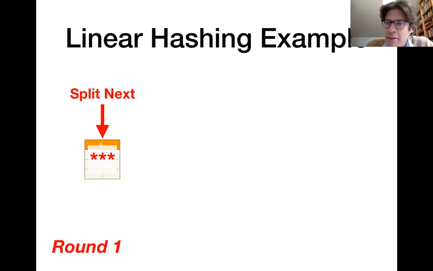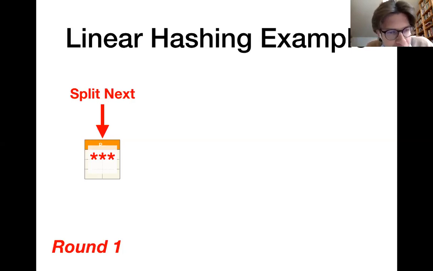And those 3 stars here mean again that this page here is supposed to contain all the entries for any value of those 3 hash bits. All right, so now let's assume that we have insertions, and therefore we need to split this bucket over here.